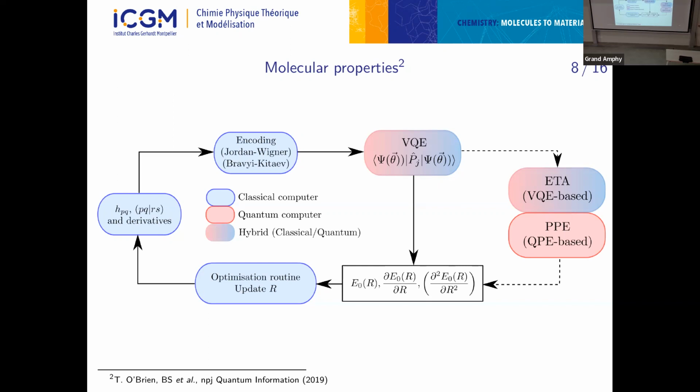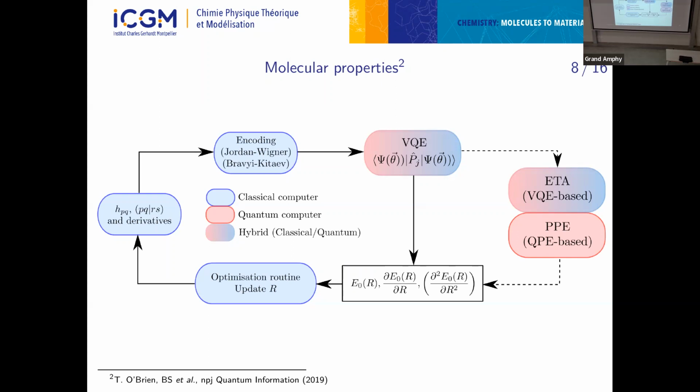Using the variational quantum eigensolver, we can measure the expectation value of the Hamiltonian. And due to the Hellmann-Feynman theorem, we can get an estimation of the first order energy derivative with the nuclear coordinates. And so you can do geometry optimization, for instance.